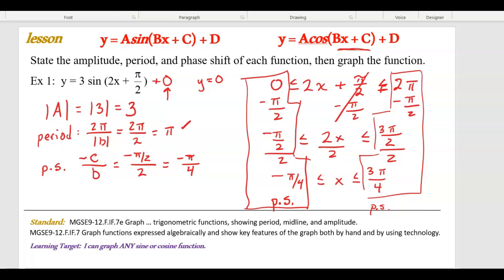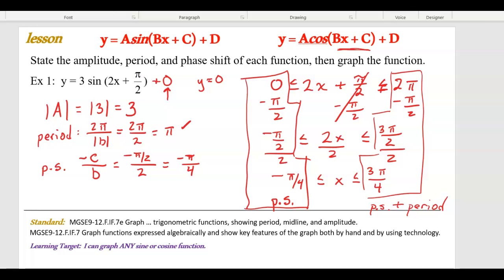If you take the phase shift and add pi, the length of the wave, you will get 3 pi over 4. So the number on the right side will always be phase shift plus period. Okay? So your x values will start at the phase shift, and they will end at whatever the phase shift was plus the period.